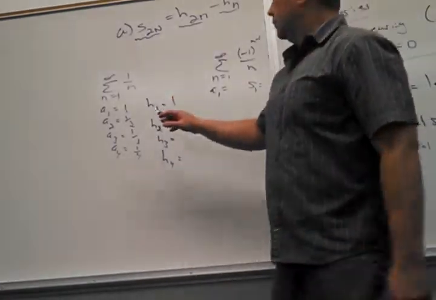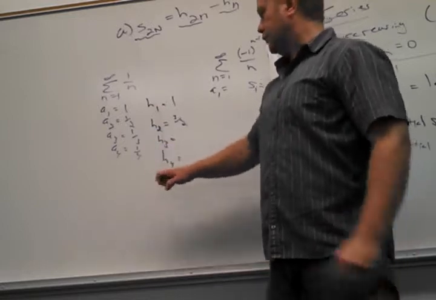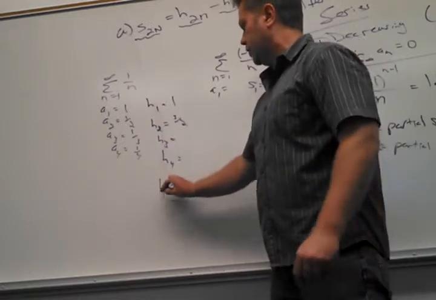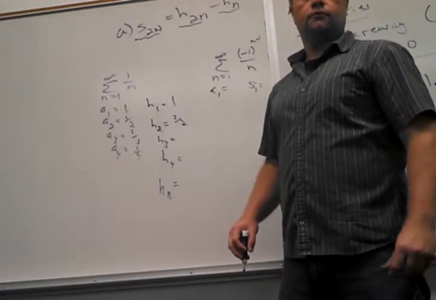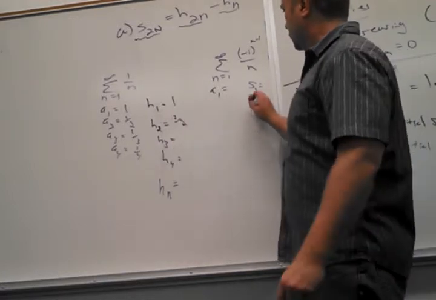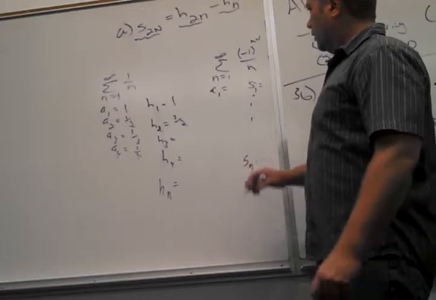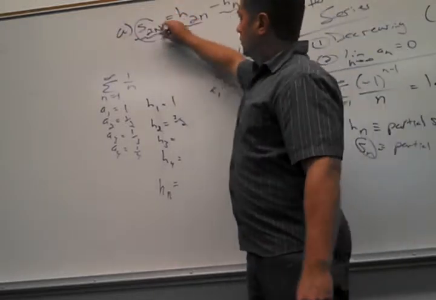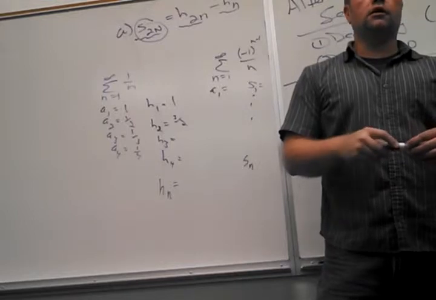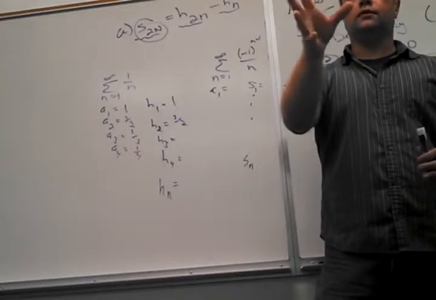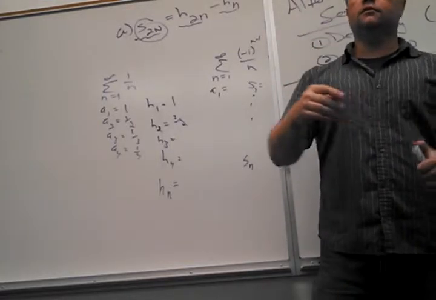So what you want to do is do a few of these. See if you can write a general term for HN. And then see if you can write a general term for SN. And what does this really mean? What does that S sub 2n mean? It picks out what? Even ones.